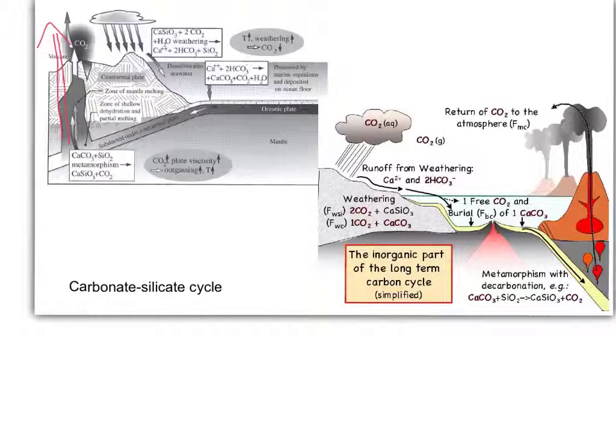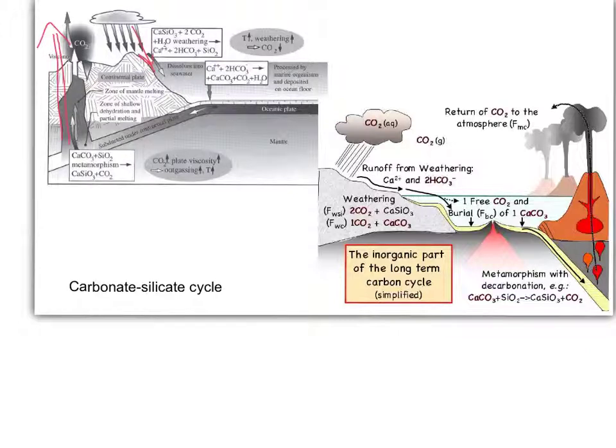Once that carbon dioxide is in the atmosphere, it can combine with water vapor in the atmosphere to form a weak acid, carbonic acid, essentially carbon dioxide dissolved in water. Of course, then that carbon dioxide becomes involved with the water cycle on the planet, assuming the planet has a water cycle like the Earth does.